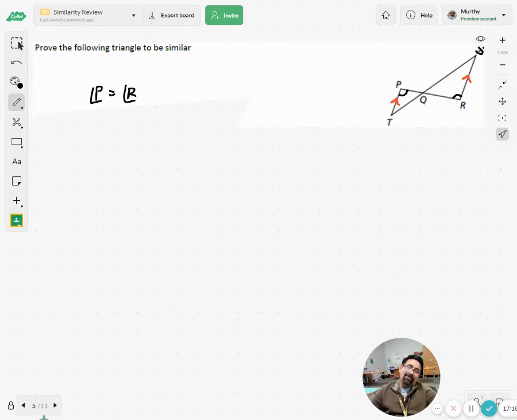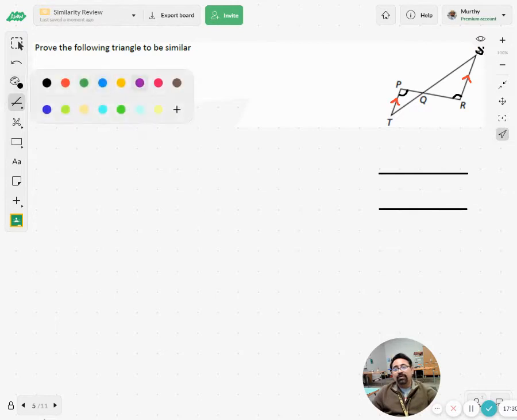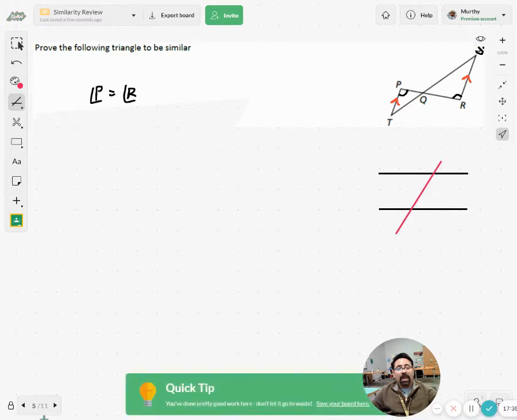Either you have to turn your head this way and see, or else let me draw the lines once again. Friends, I hope you remember that when two lines are parallel and a transversal is drawn, on either side of the transversal, this angle and this angle are congruent.